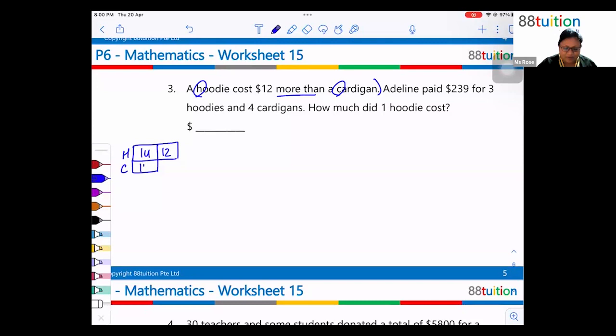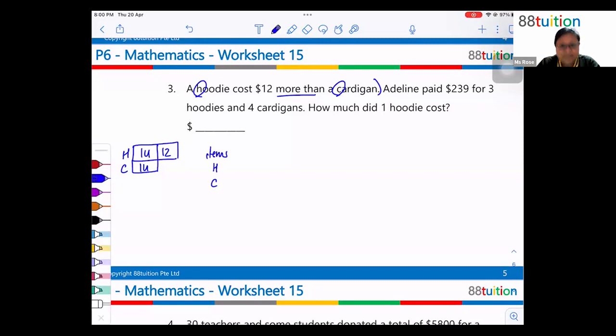Okay, very good, Maureen. Thank you so much. Okay, so we have the hoodie costing 1 unit and $12, whereas the cardigan costs 1 unit. So if I take my items, which are the hoodie and the cardigan, I was just about to say hoodigan, you know.